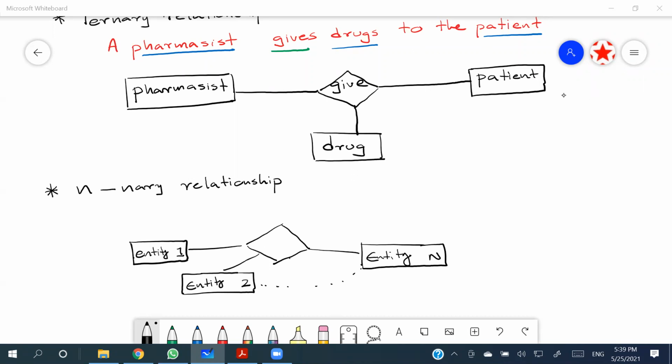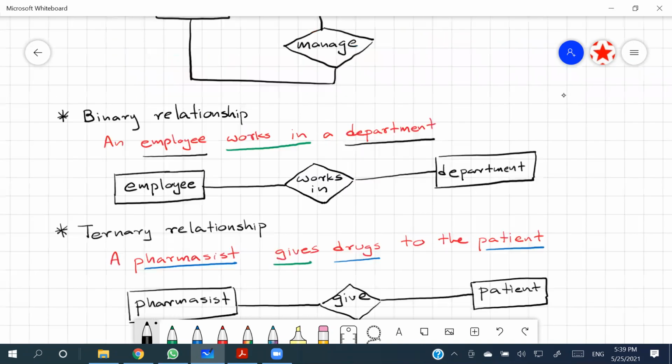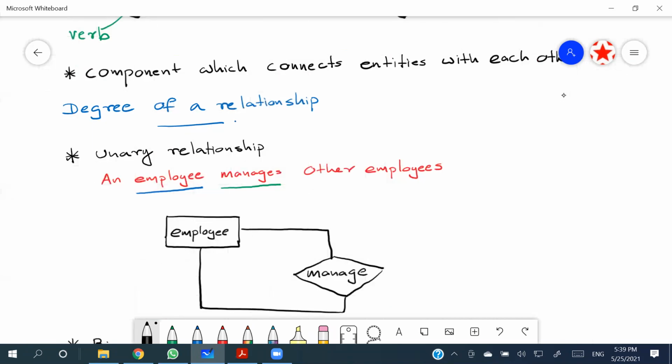Right, so now the next thing is the cardinality of a relationship. Before, we were talking about the degree of the relationship.